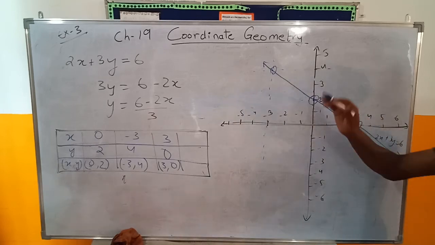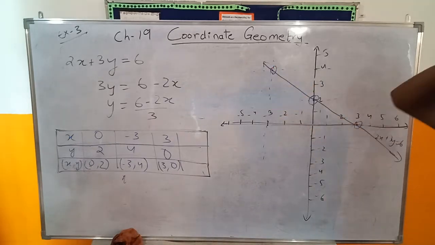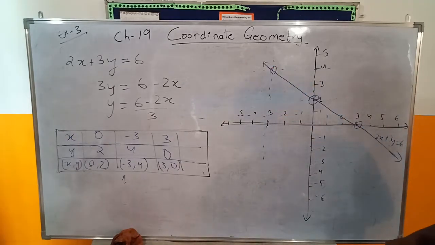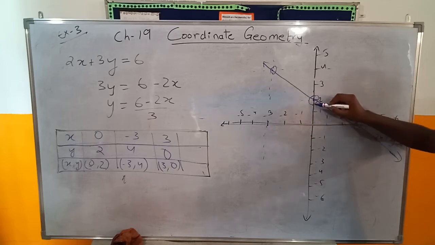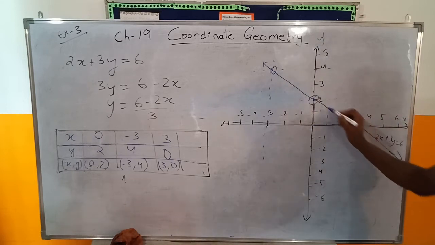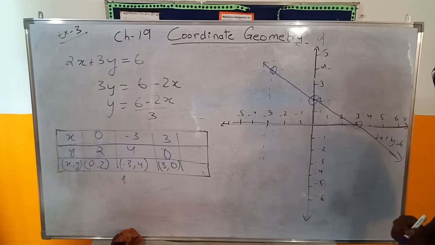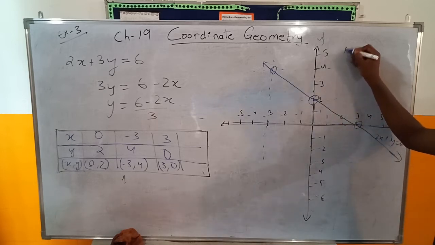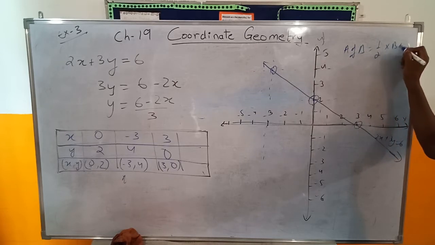But my answer doesn't finish over here. I have made a line using an algebraic expression that was given to me. Now I have to find the area of the figure that is formed by the two axes, the y axis and the x axis, and the line I made. So what figure is forming? A triangle is forming. What is the formula for the area of a triangle? Area of triangle equals half into base into height.